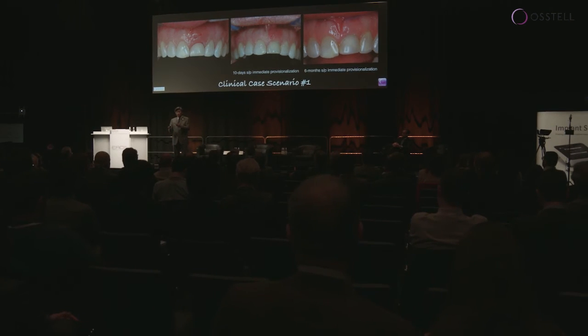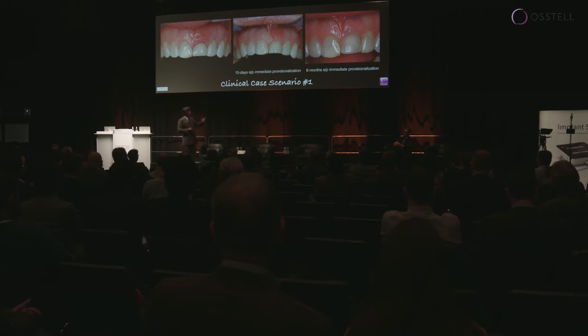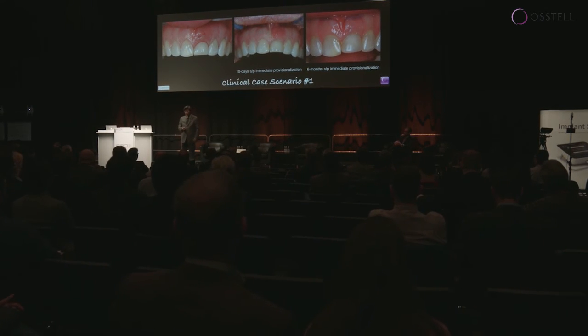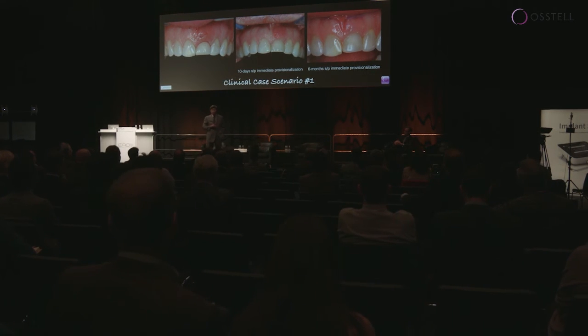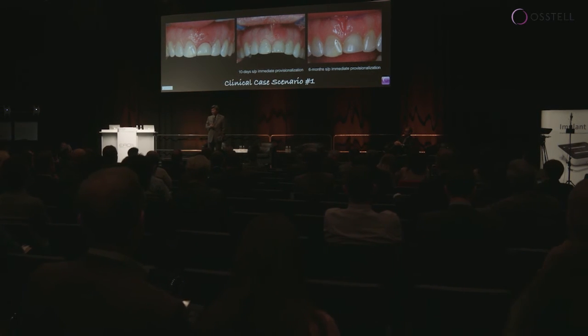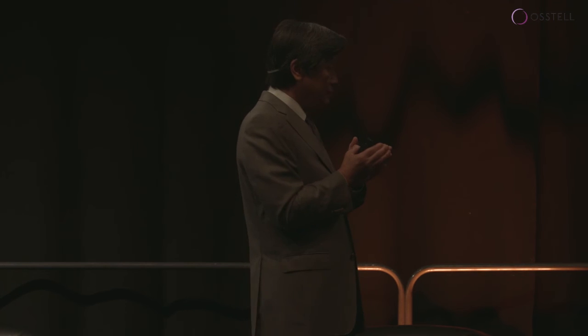So don't just rely on pure ISQ values or anything else that you rely on to make those decisions. Look at what the patient is dealing with. The other reason for waiting 6 months is really to let that soft tissue mature. Because as Marcus has informed you, it's ideal to have a provisional restoration with the ideal emergence contours to help develop this healing soft tissue.